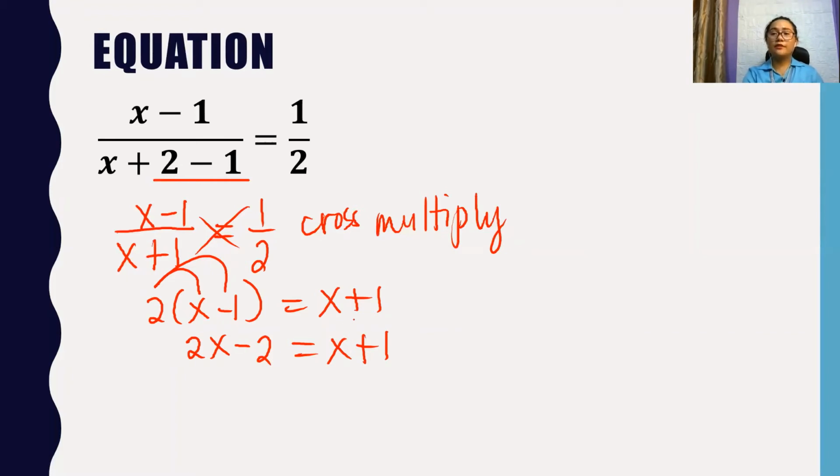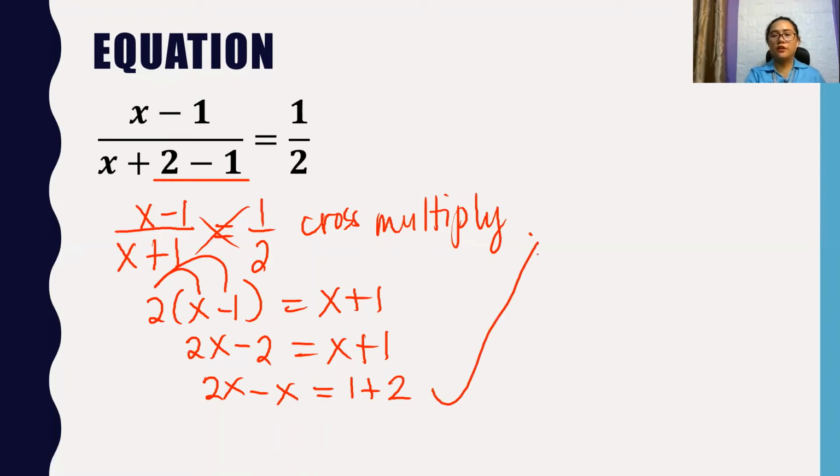Remember that we are going to transfer every term with variable sa left side natin of the equation. Therefore, 2x, lipat si positive x maging negative x is equal to 1. Lipat natin sa negative 2, that would become plus 2.